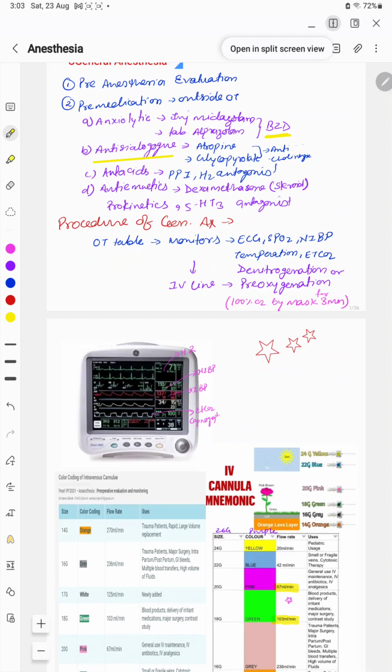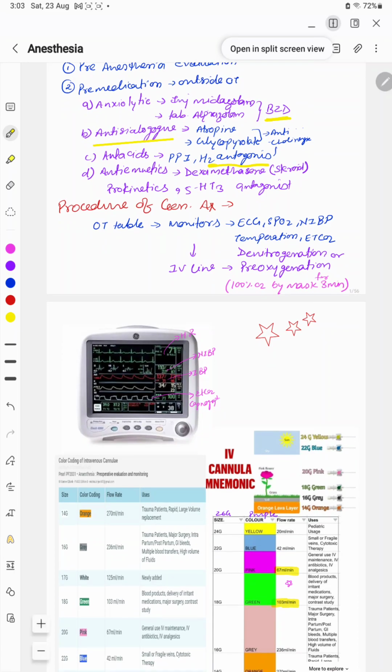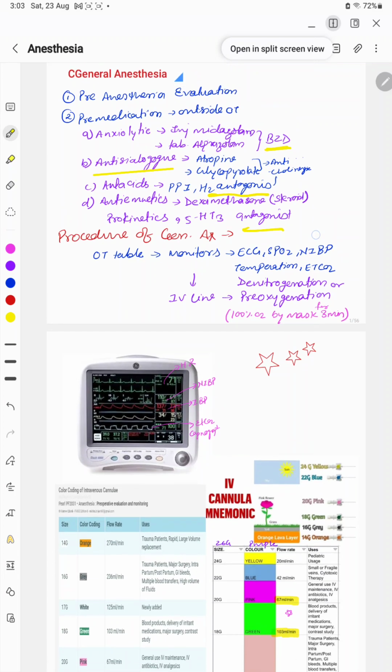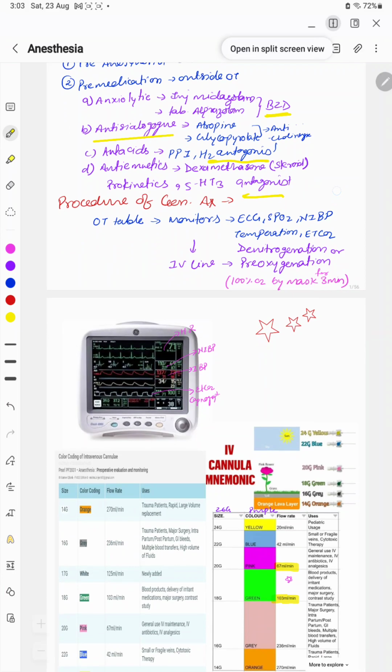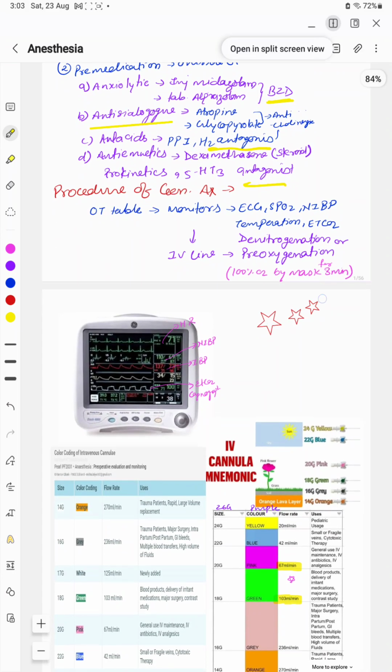Then antacids, which decrease acid production in the stomach: PPI and hydrogen pump antagonist. Antiemetics, dexamethasone, and prokinetics, 5-HT antagonist. These are the medicines given outside the OT for pre-medication before surgery or anesthesia.